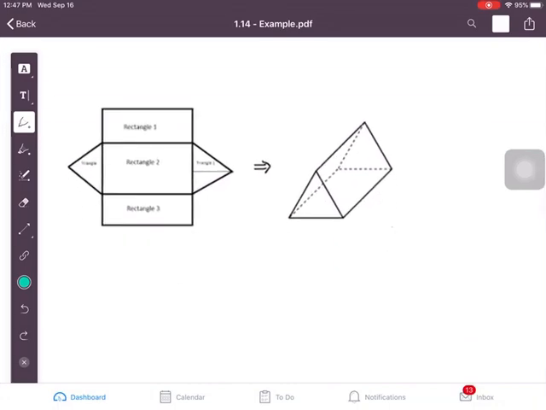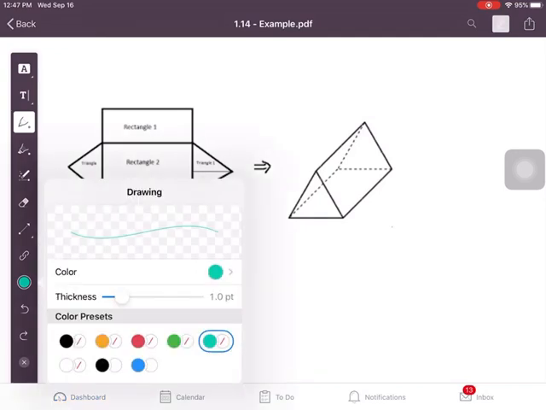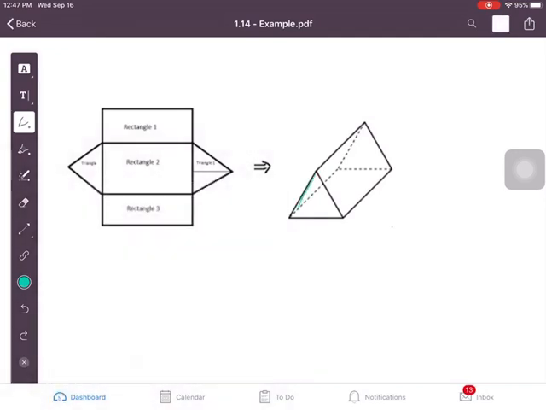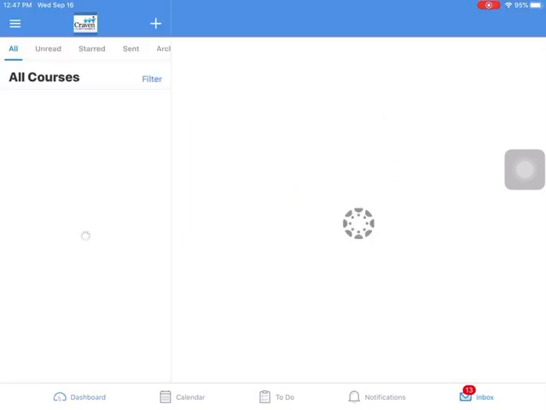This one is a triangular prism. Okay? Now, remember, what makes it a triangular prism is its faces. Okay? I've got a face here and a face over here that are triangles. Okay? You can see those would be the same ones.